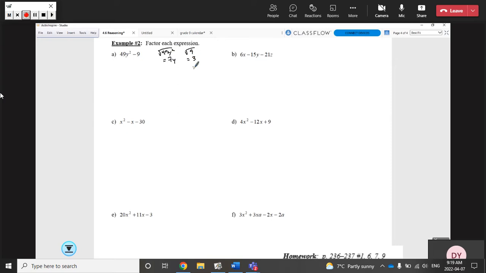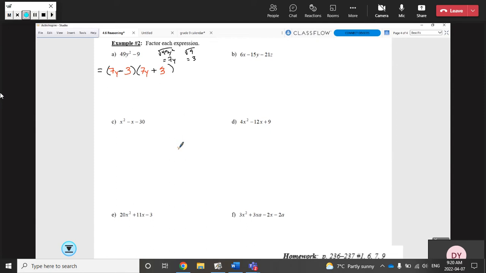So we throw them in brackets, one bracket with a minus, one with a plus. Since the first term is 49y squared and its square root is 7y, 7y goes first. And since the square root of 9 is 3, the second term is 3. So it factors into 7y minus 3, 7y plus 3.